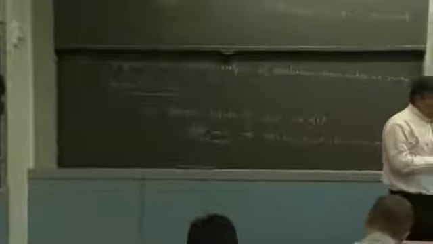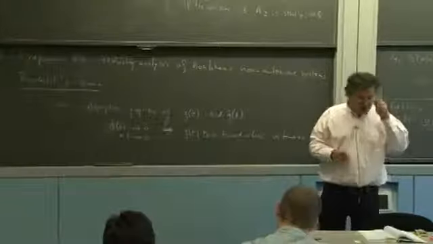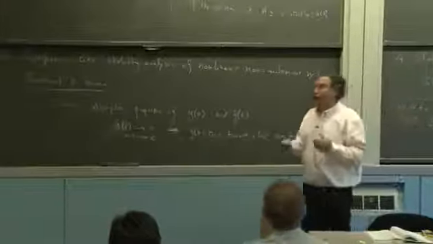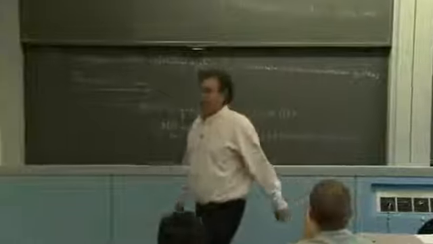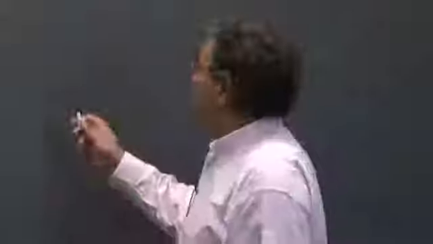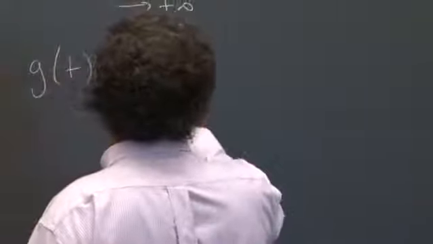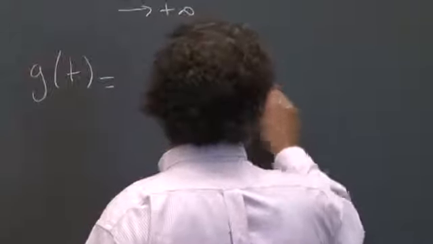Okay. Now, but that's kind of almost a trivial remark, okay? So let's pick a function that stays bounded, but has the same property. So suppose we take sine of log t.